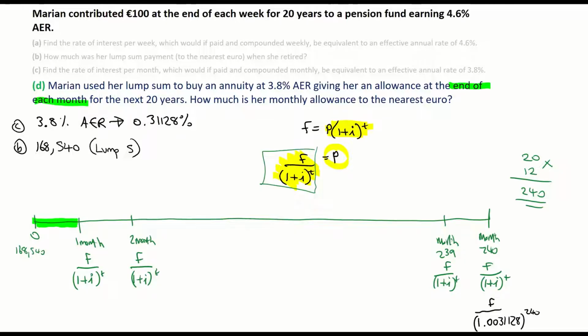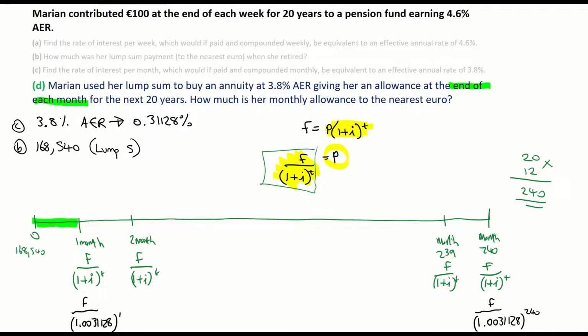Coming back to the start though, my first installment is coming out after 1 month, so it will also earn interest at 1.0031128, but it will only earn interest for 1 month because it's only going to sit in the bank account for 1 month until Marion receives it as part of her pension installment.